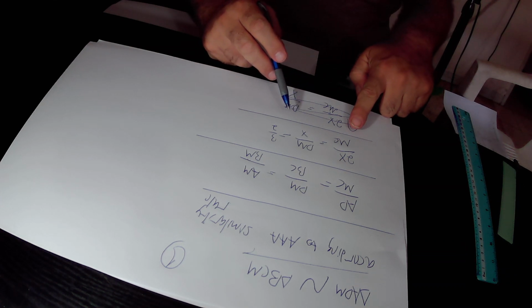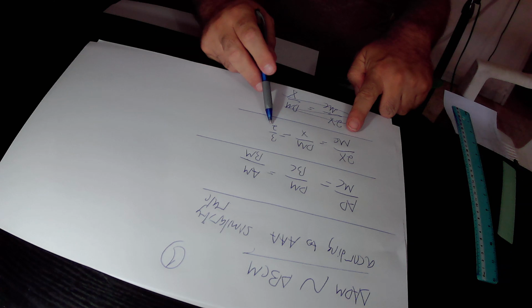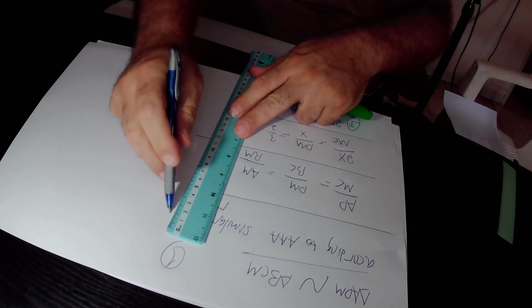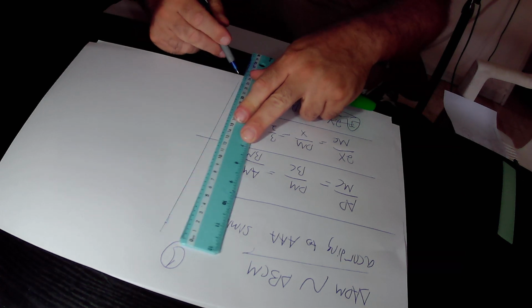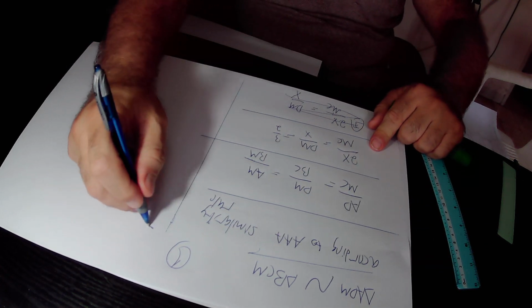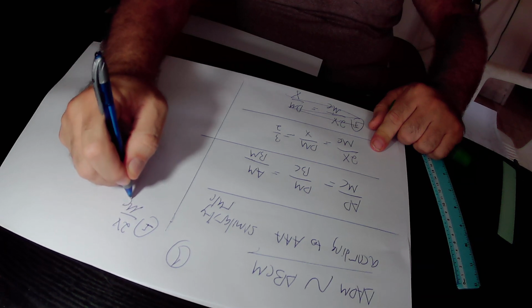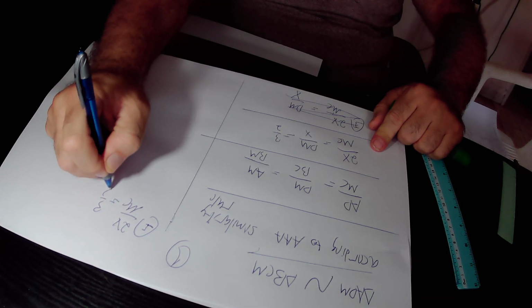So here we have 2x over MC equals 3/2. This will be equation 1.